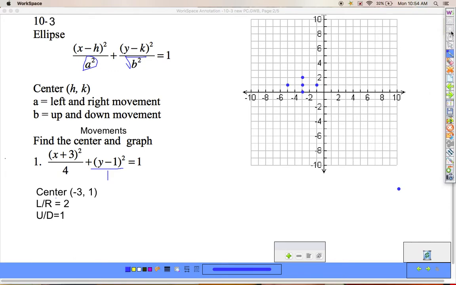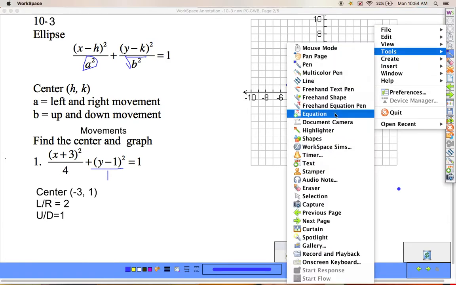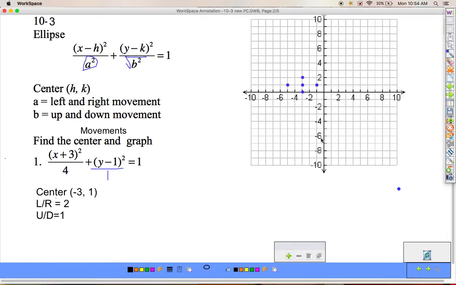Let me see if I can find it a different way. Here we go. So I'm going to draw a smooth curve through all those points, and there's my ellipse.